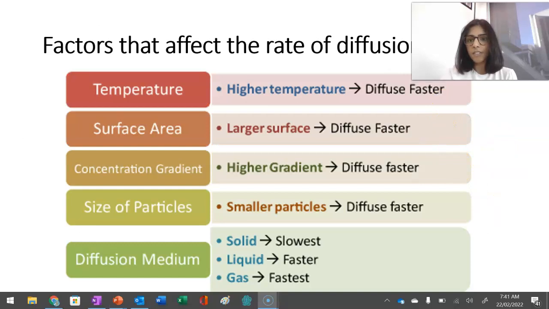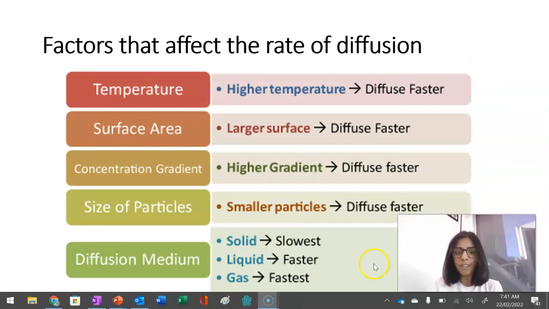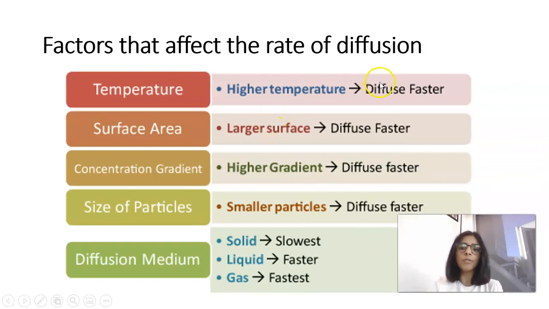There are other factors that affect the rate of diffusion. This is something that you should already know, but we're just going to review it here. Increasing temperature will increase the rate of diffusion because you are providing more kinetic energy for molecules to move at a faster rate. Having a larger surface area means that there's more surfaces for diffusion to occur in.